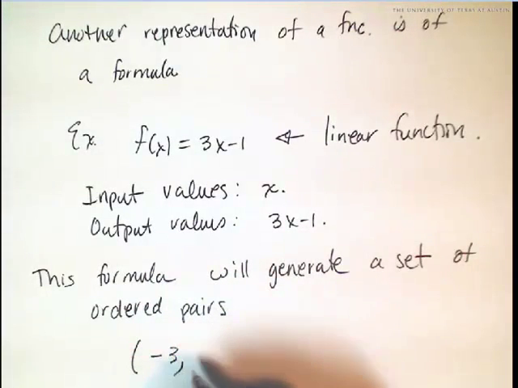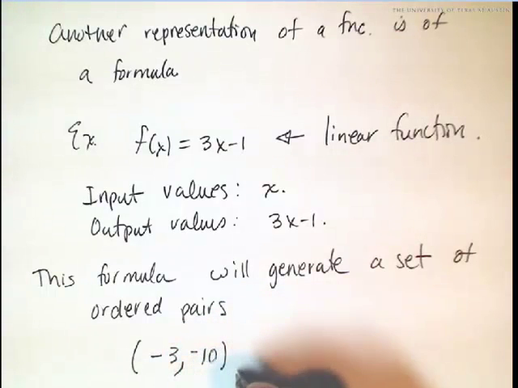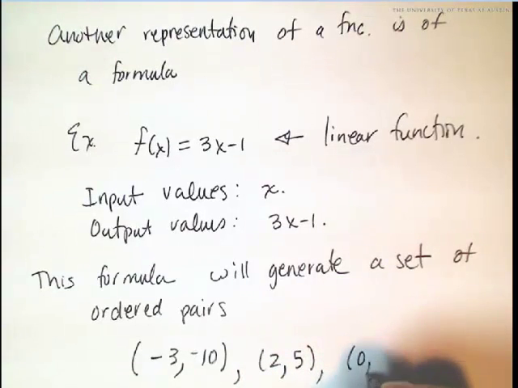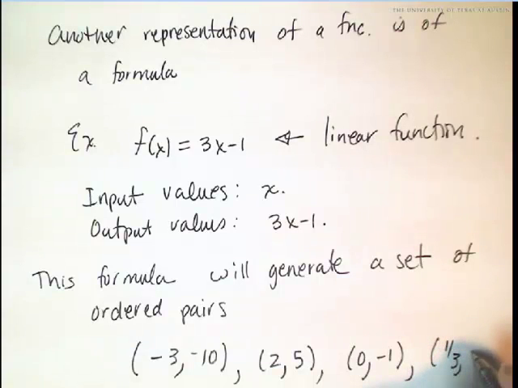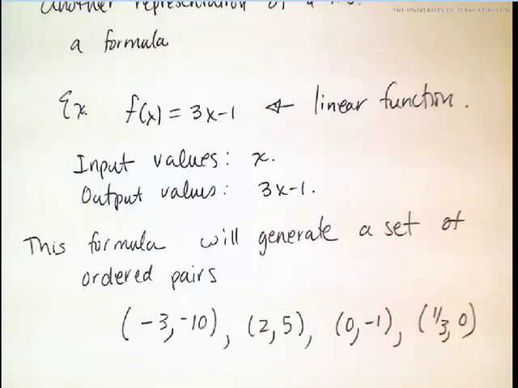When x is -3, your f of x, or your y, is -10. When x is 2, your f of x is 5. When x is 0, your f of x is -1. When x is 1/3, your f of x is 0. And we could keep going all day long, but certainly we don't have time. But this is a representation of your function as a formula as a set of ordered pairs.